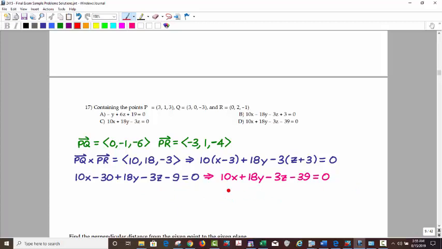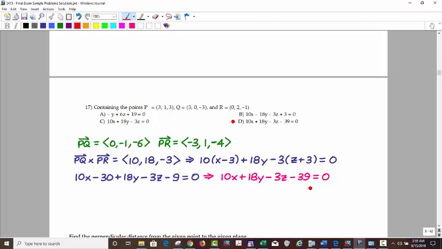Now remember, let's say you had a -10x here. As long as all the terms change, you could multiply by -1 and change all the terms. That would be the correct answer. In other words, in this case, the correct answer is clearly D. But it just depends on the order you do the cross product and that sort of stuff. So let's say you would have come up with -10x minus 18y plus 3z plus 39.